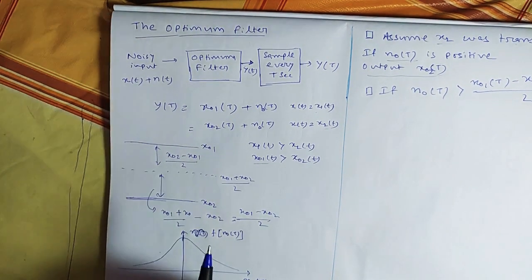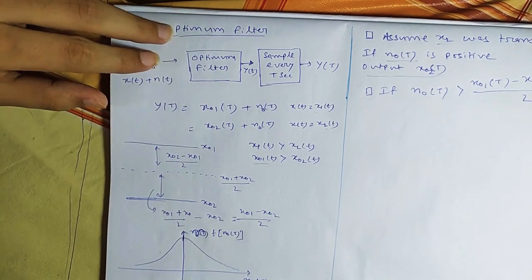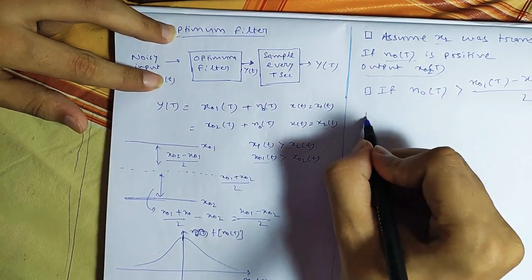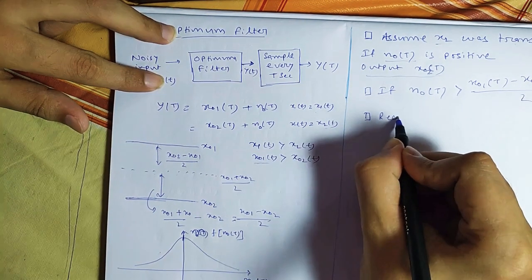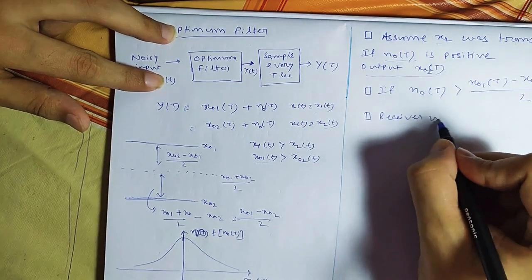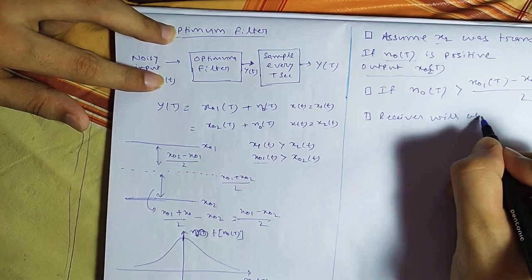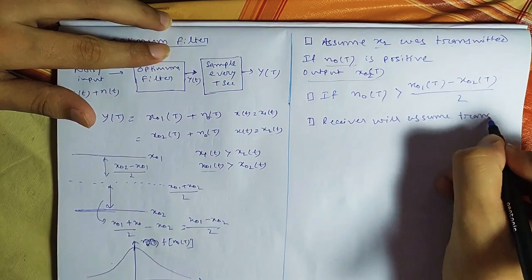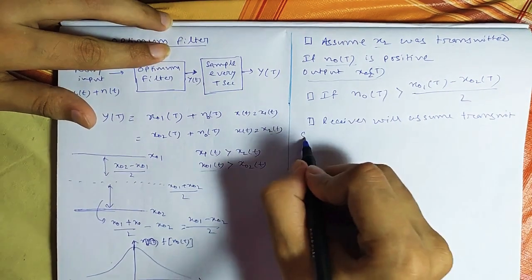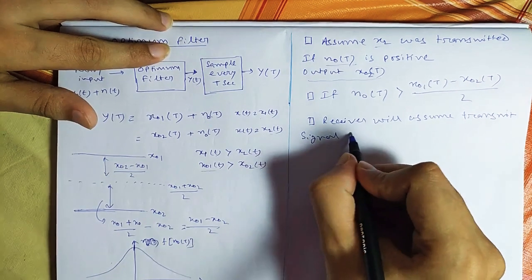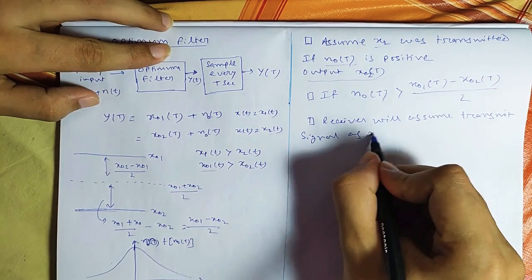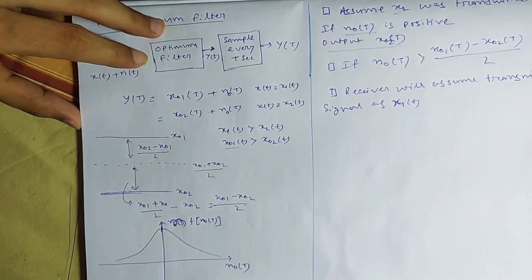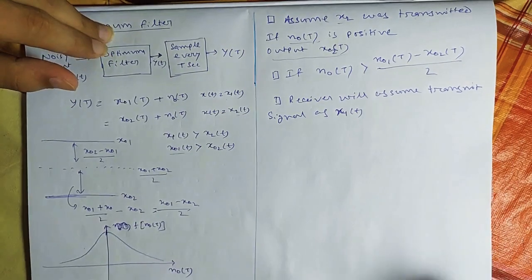As a result, the receiver will assume the transmitted signal is x1(t), and there will be some error.